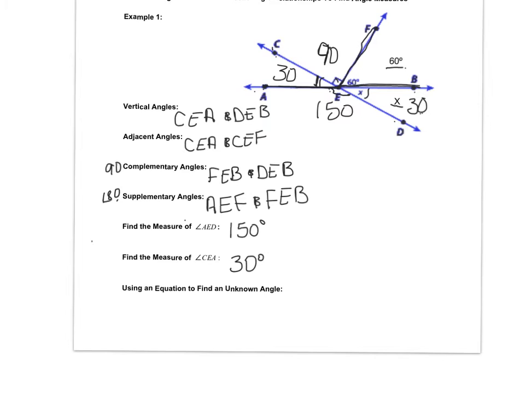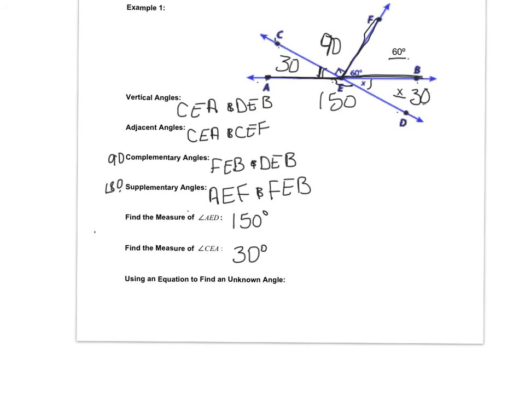We knew that complementary angles had a sum of 90 degrees, so if I use that information, I would say that my 60-degree angle plus my angle with a measure of x degrees is equal to 90 degrees. And how I'd solve for x, I need to subtract 60 from both sides. Therefore, x is equal to 30.